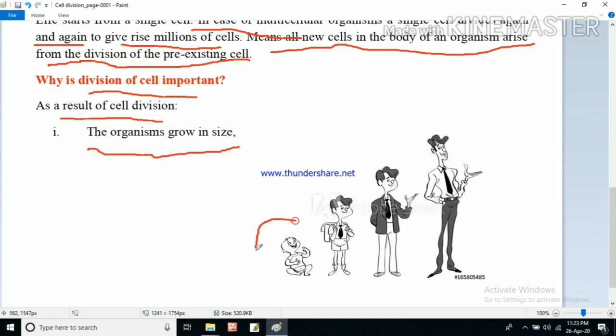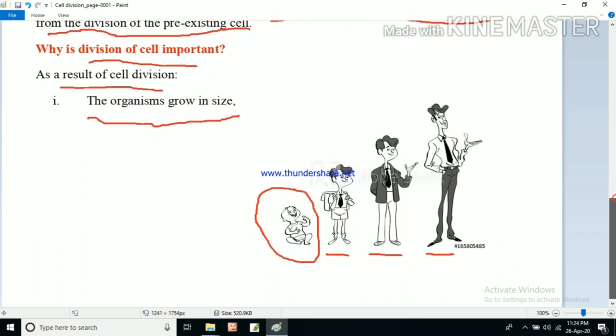Here we can see one baby. This baby is small, and is growing into a boy, then a man, and a complete adult. Because of cell division, if you consider that this baby has 10,000 cells, these 10,000 cells divide to form 20,000, 20,000 divides to 40,000, 40,000 to 80,000, and 80,000 into 1,60,000.